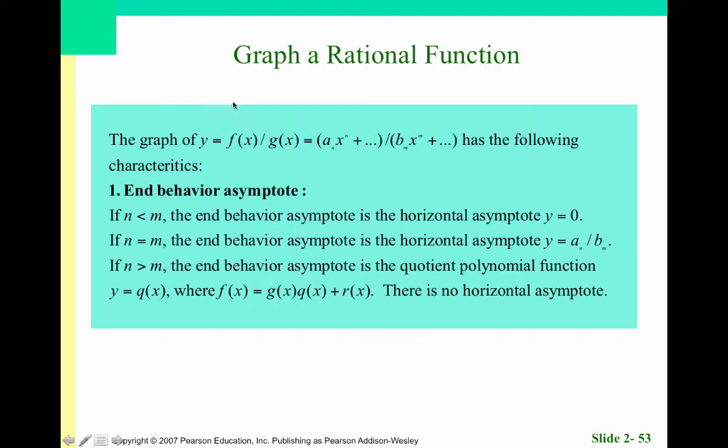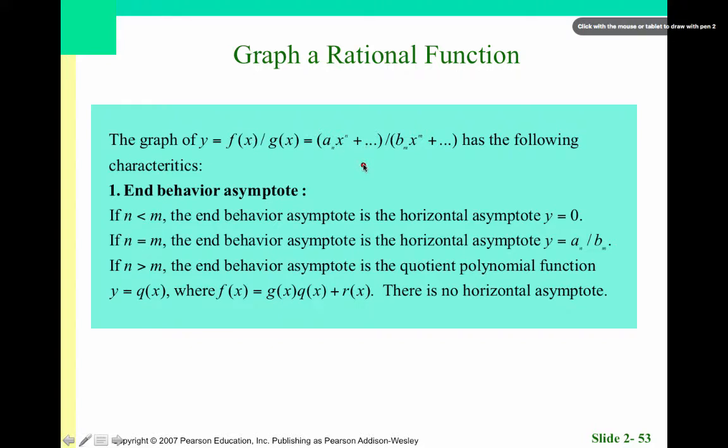End behavior for asymptotes. There's going to be three things that are happening, and you need to pay attention to the degree of the numerator and the degree of the denominator. It looks like the n here will be the degree of the numerator.